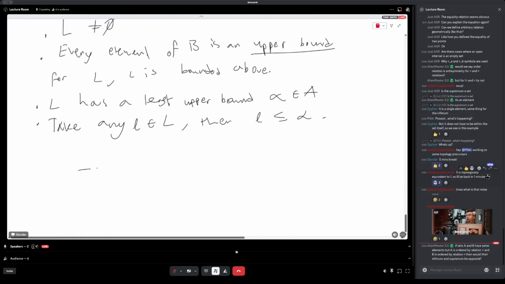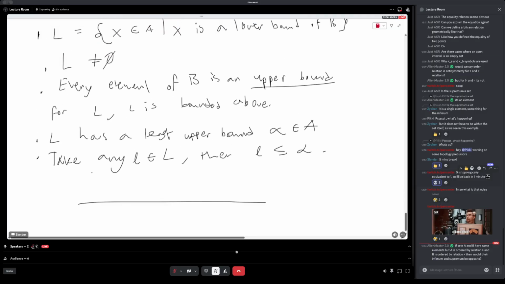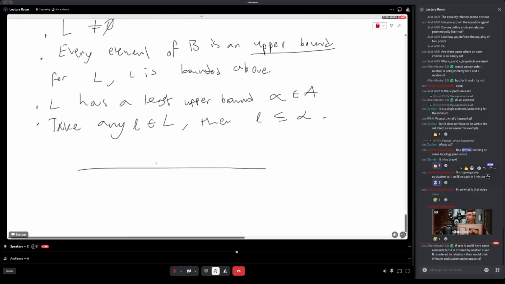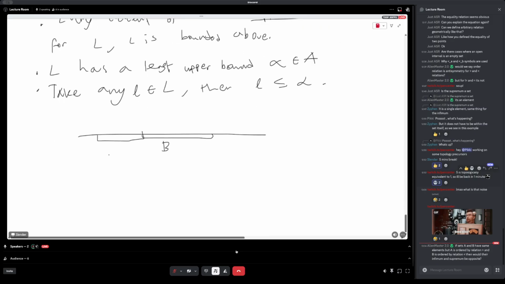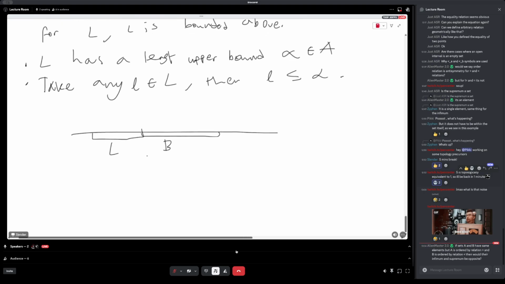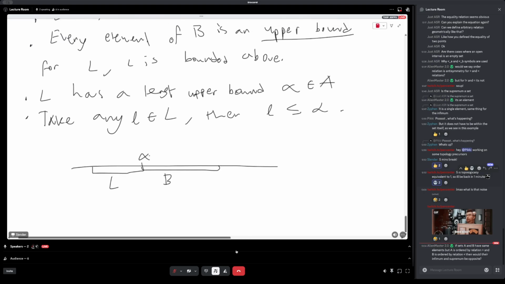So let me draw a picture here. Let's say this is the set B, and L is the set of all lower bounds. So let's say, for example, this is L, and alpha is somewhere here.